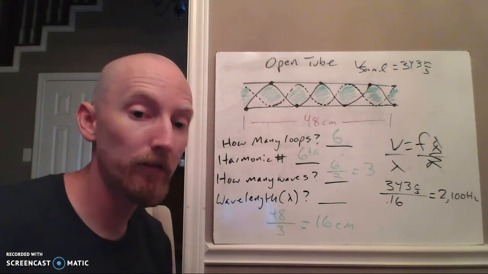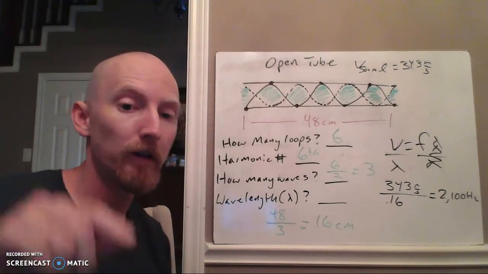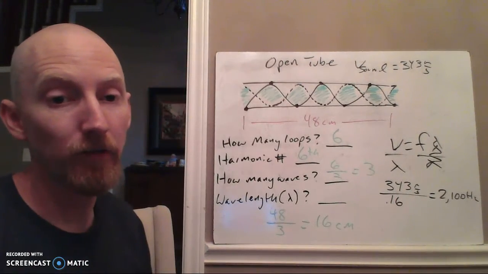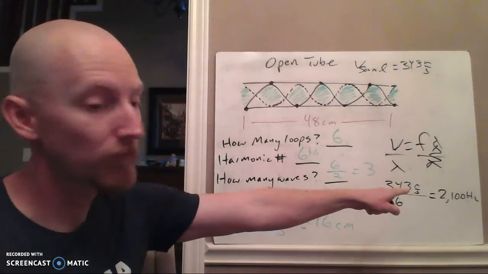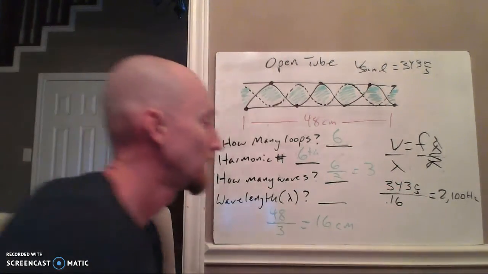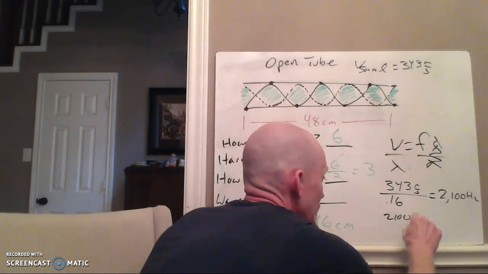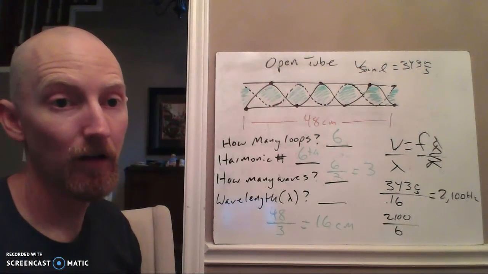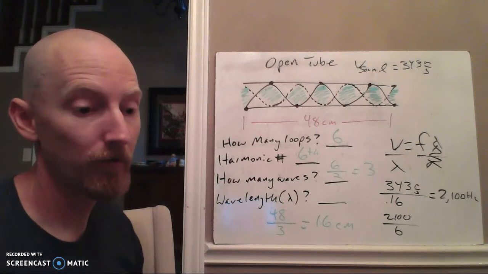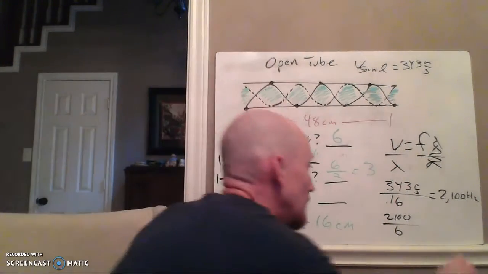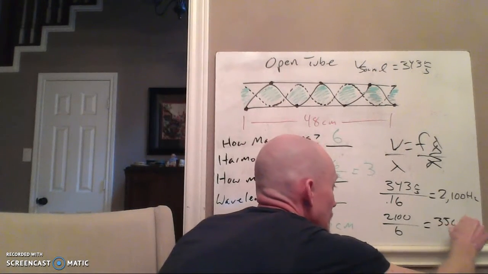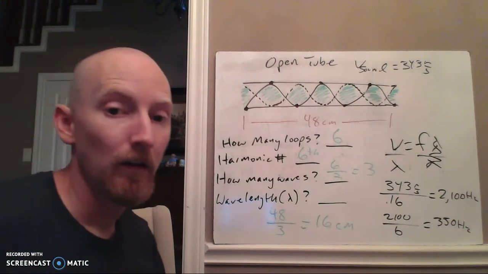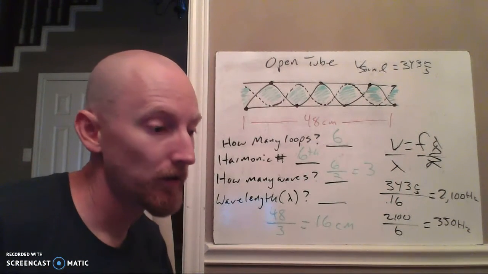The fundamental, if you guys remember, is just one giant loop, right? So to get your fundamental, you would take that frequency, 2100, and divide by 6, because this is the 6th harmonic. And whatever you get is around 350. That is your fundamental.